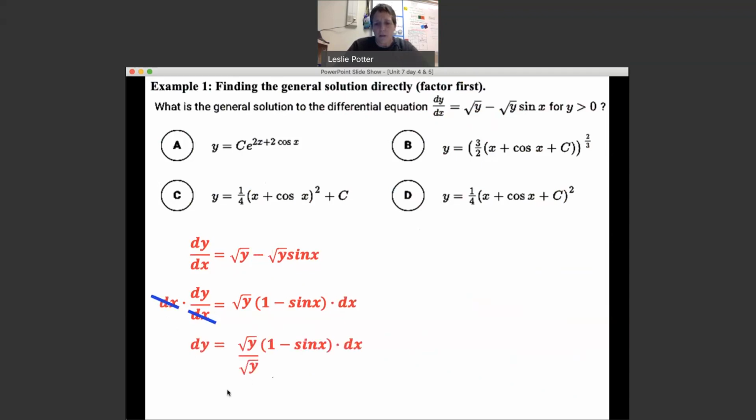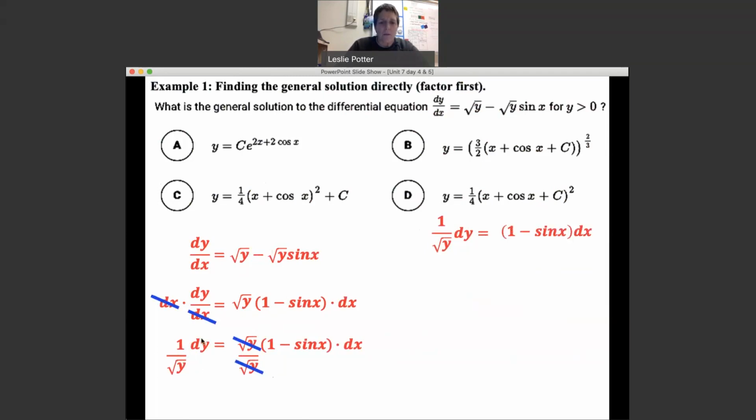Now I'm going to divide by the root y. And so I end up with an expression that looks like this. And notice I slid over, instead of just saying dy divided by root y, I said 1 over root y times dy. It doesn't matter.